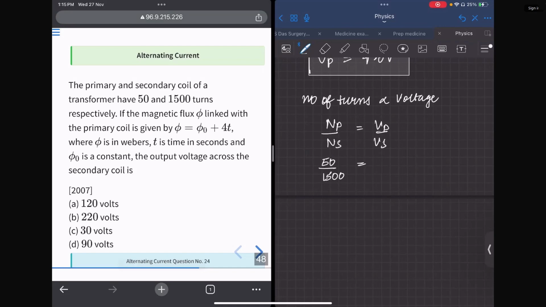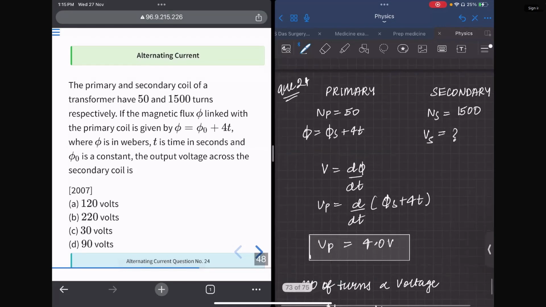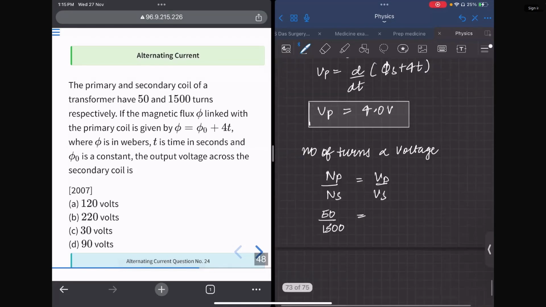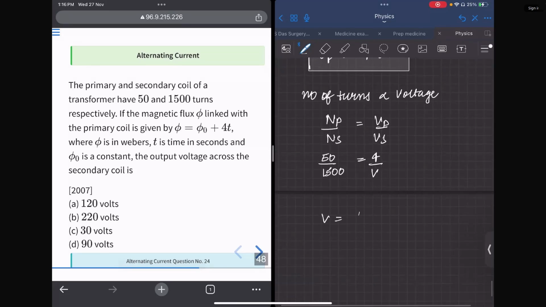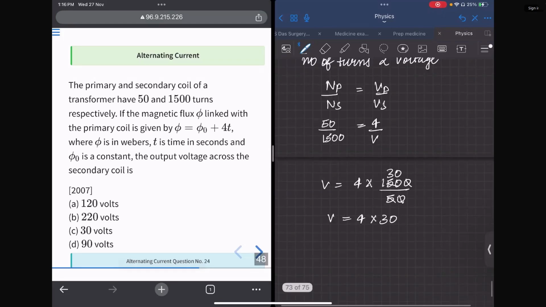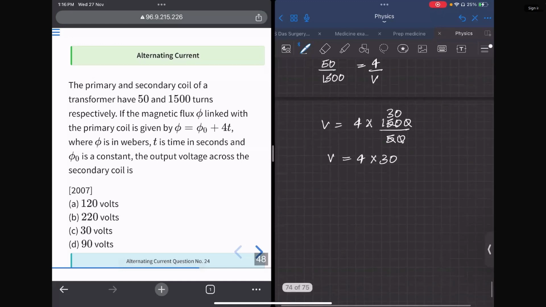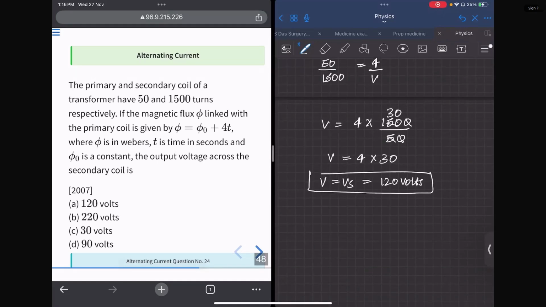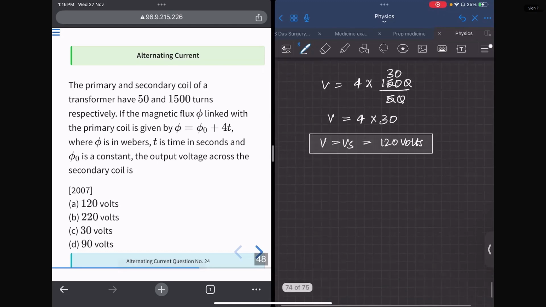is equal to Vp is what? Vp we calculated as 4 and Vs we need to calculate. So Vs is equal to 4 into 1500 divided by 50. Okay. So 4 into 30, which is equal to Vs, is equal to 120 volts. Okay. So what is Vs?